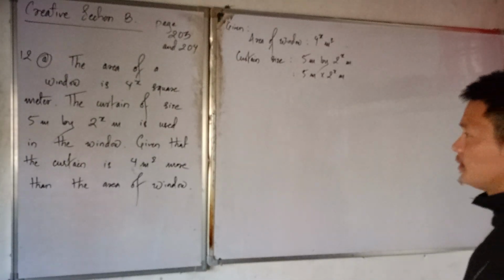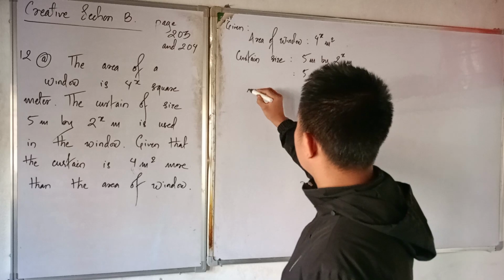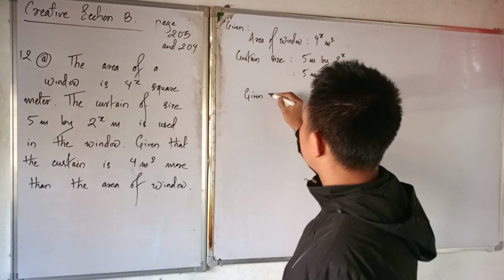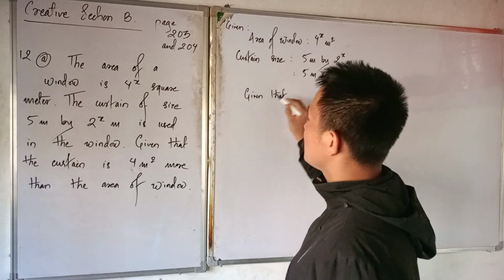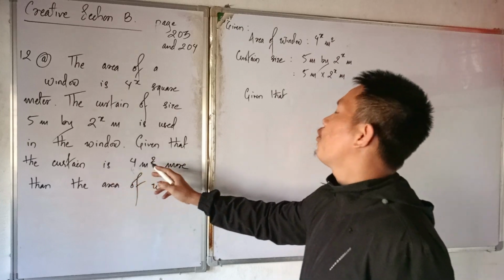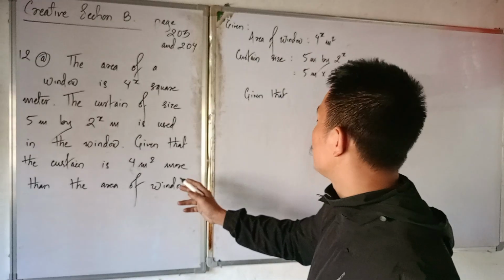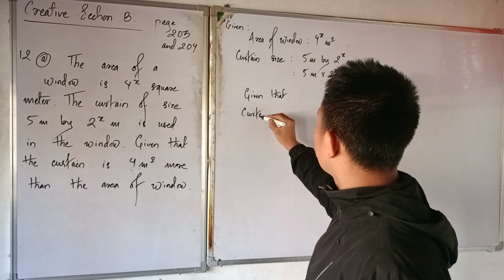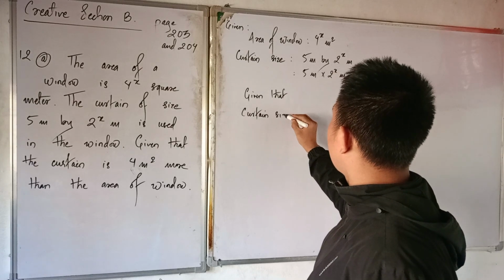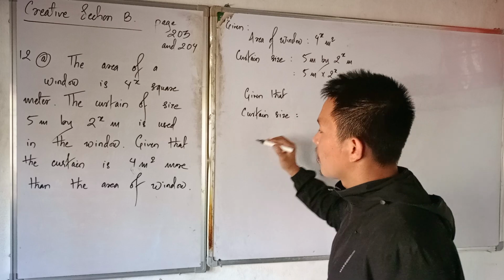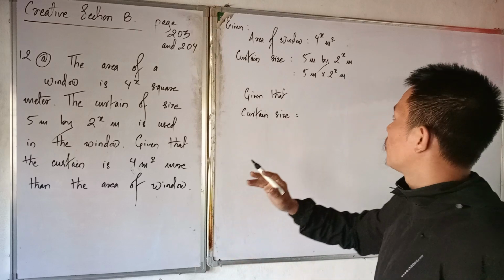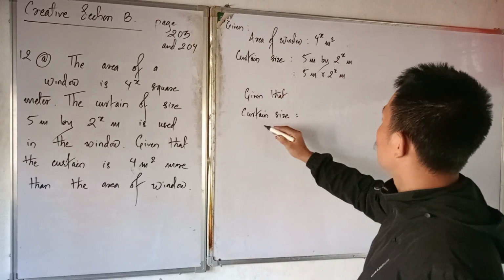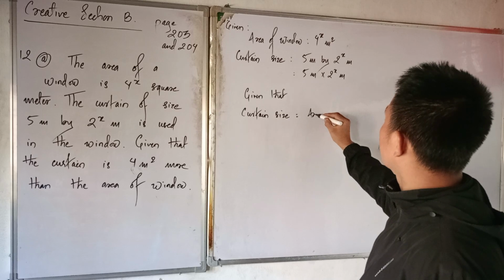The condition given is that the curtain is 4 meter square more than the area of the window. So the curtain size is 4 meter square more.